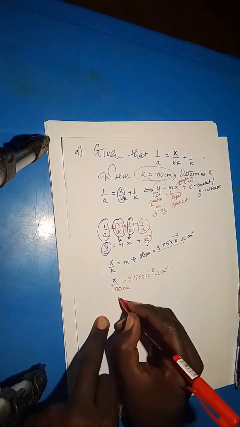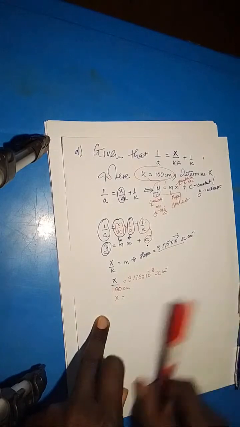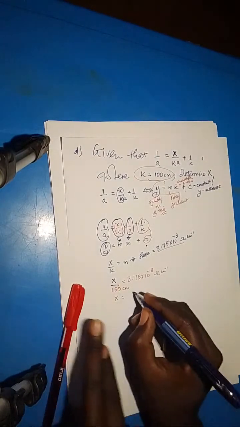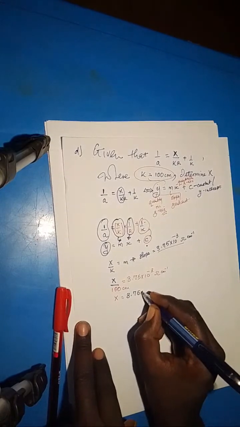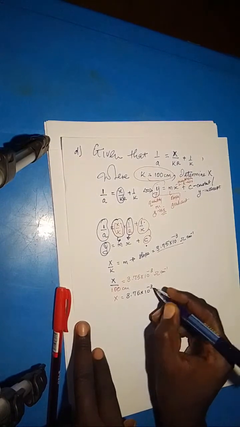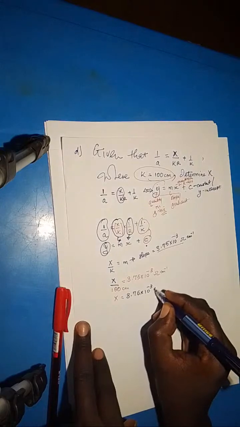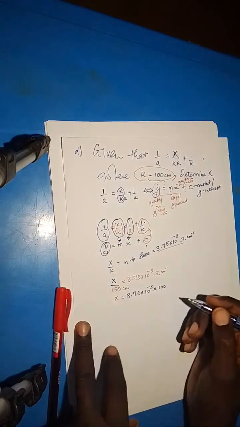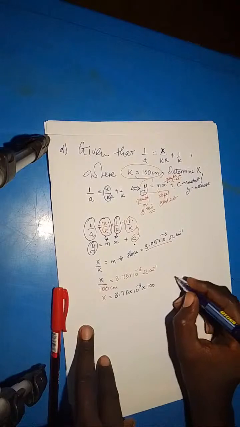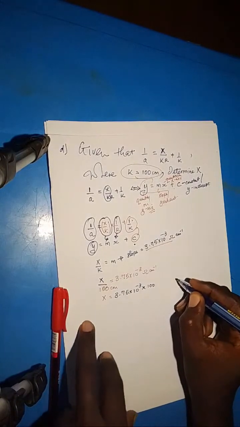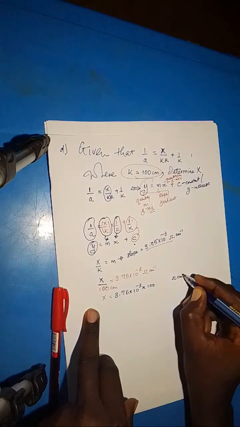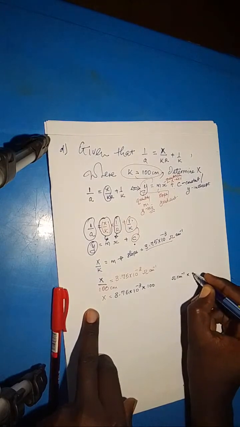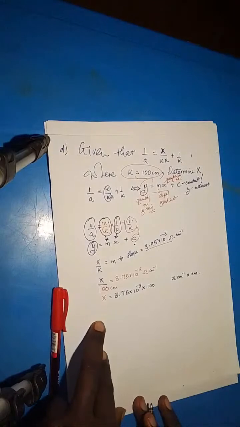Therefore, our x becomes 3.75 times 10 raised to power negative 3 times 100. If you look at the units, it will be ohm per centimeter times centimeter.